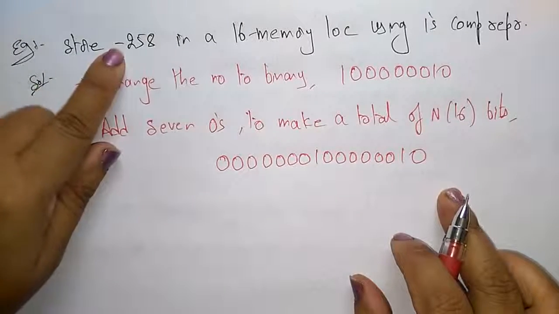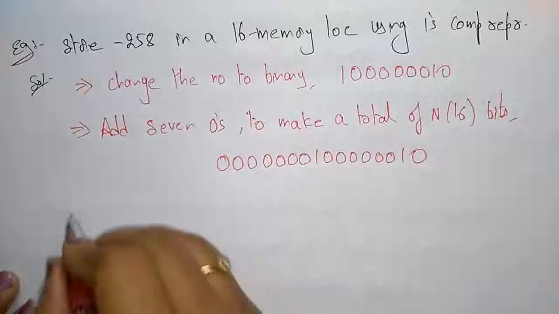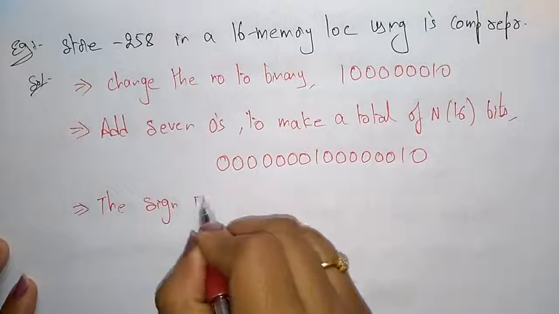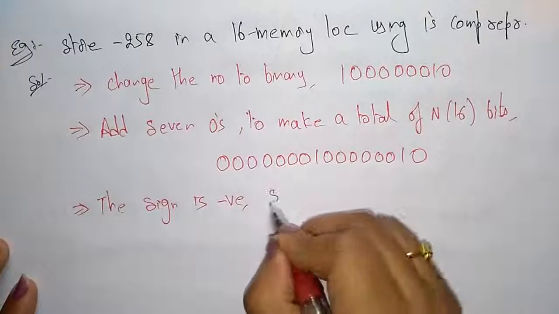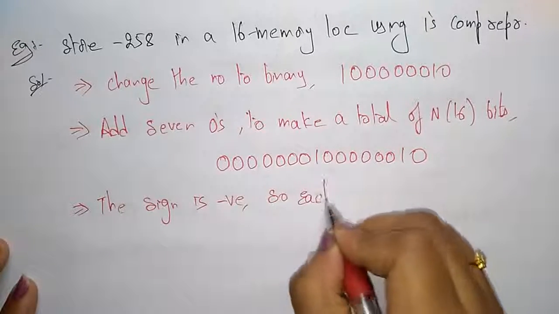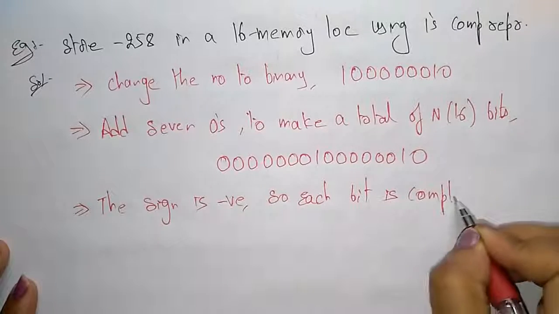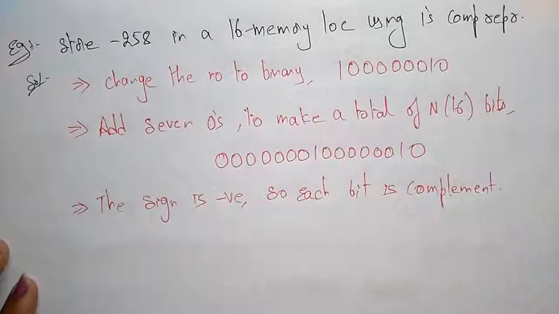Here the sign is given as negative. Now what do I have to do? Since the sign is negative, each bit is complemented. Complementing means just reversing whatever bits you have.